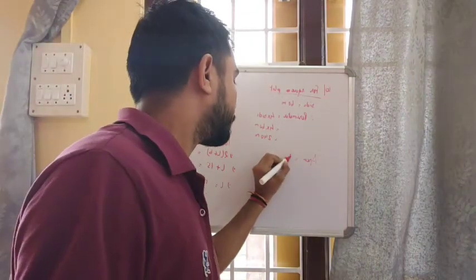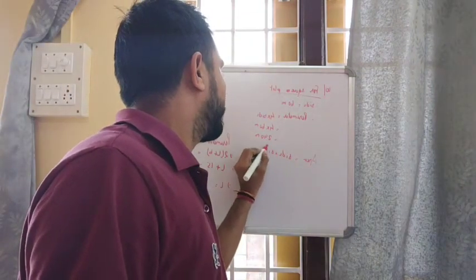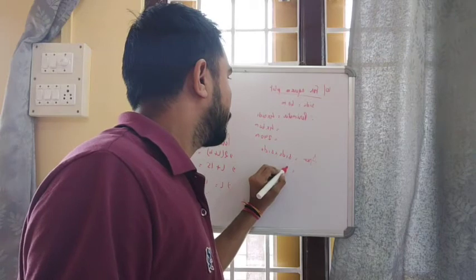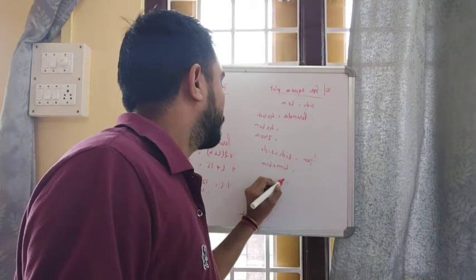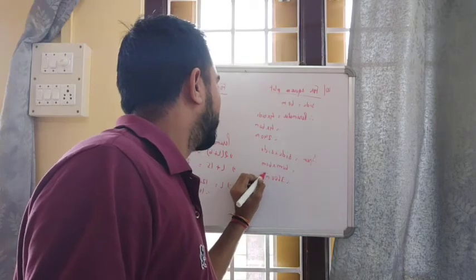Area of the square plot will be side into side, that is 60 meter into 60 meter, 3600 meter square.